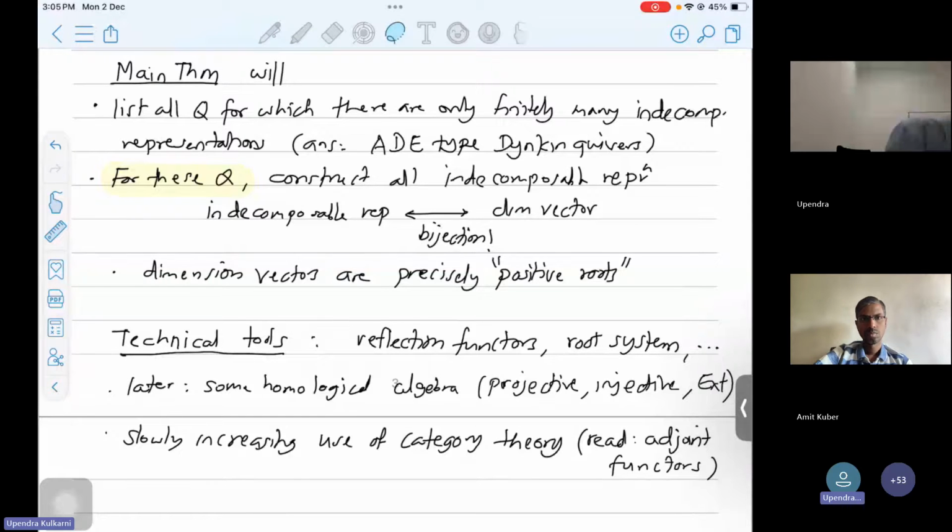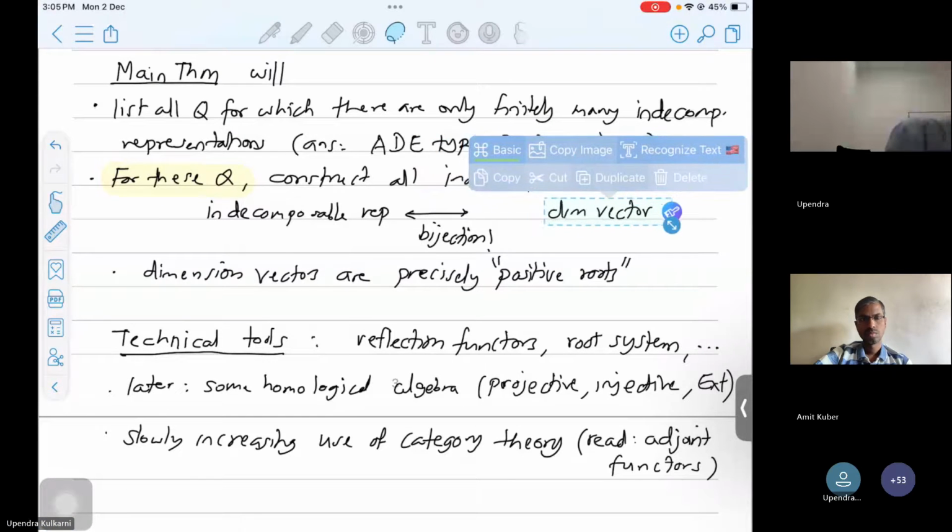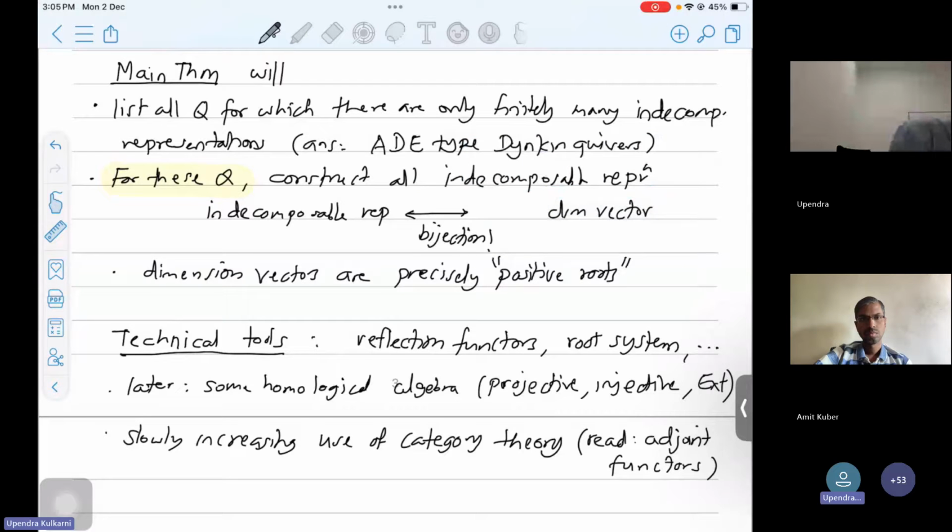So let me try to at least make it better. Of course, I'm not saying that for every possible dimension vector there is an indecomposable representation.